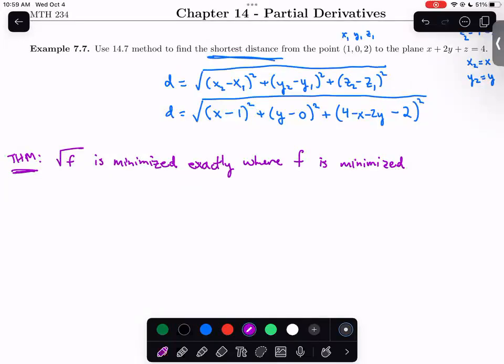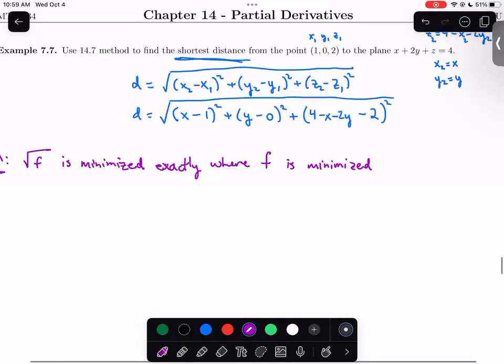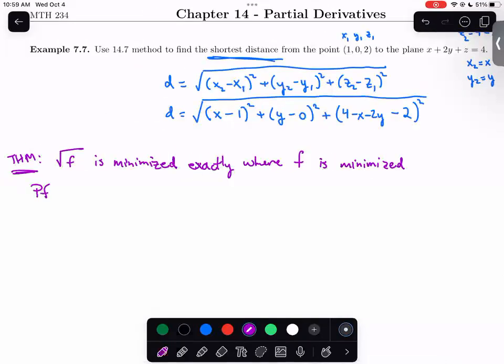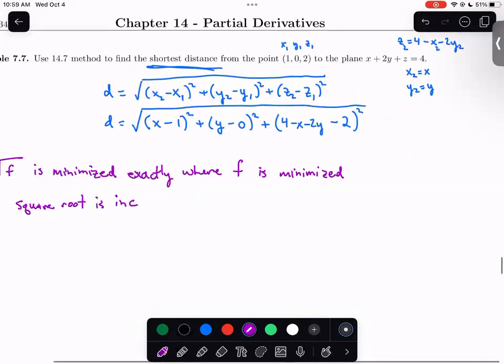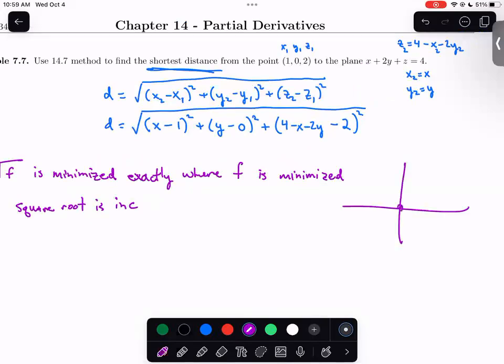So if you're interested in minimizing the square root of something, that is equivalent to minimizing what's inside of the square root. The proof for this is simply that the square root function is increasing. If I was to draw a quick picture of it, something like this.